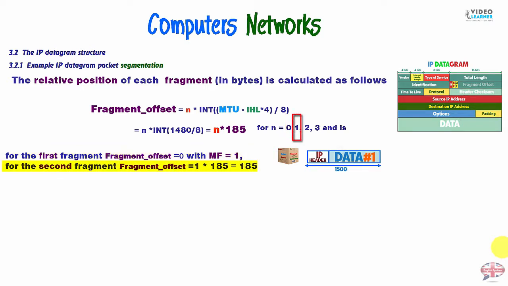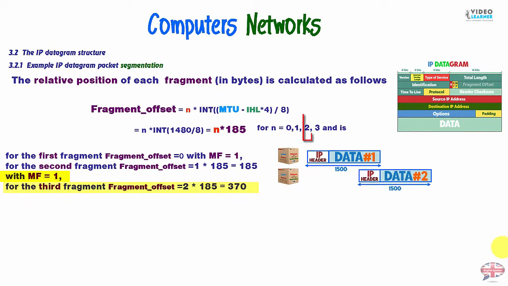For the second fragment, fragment offset is 1 times 185, so we have 185 fragment offset with MF 1. For the third fragment, fragment offset is 2 times 185, so we have 370 with MF 1.